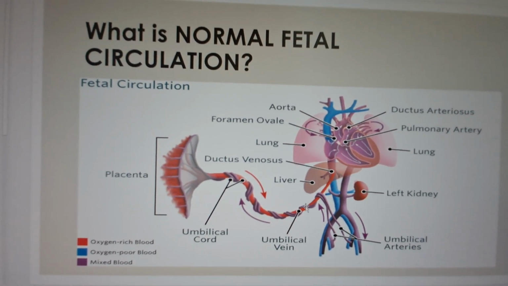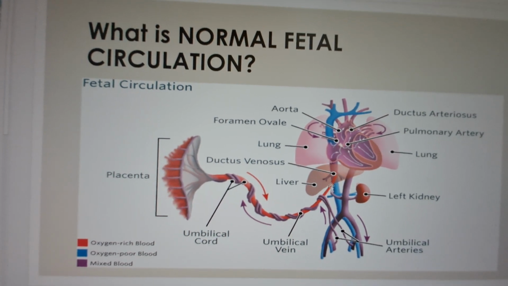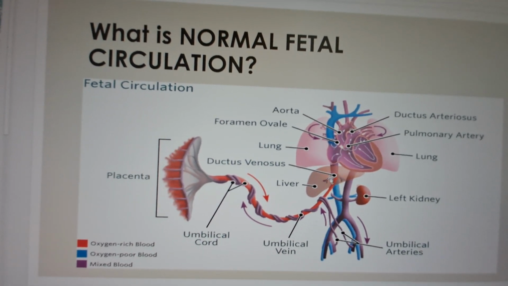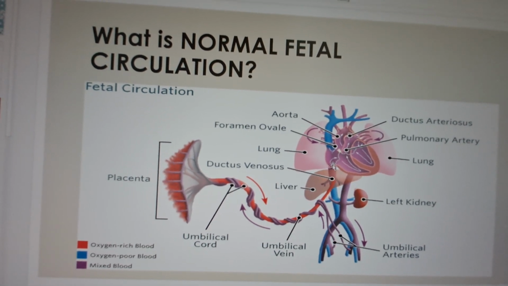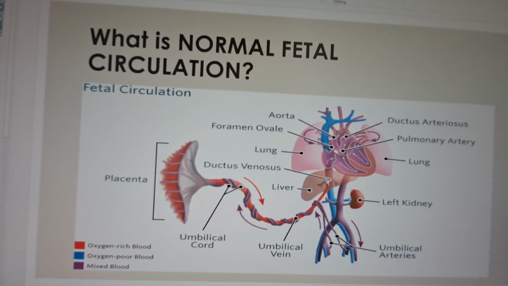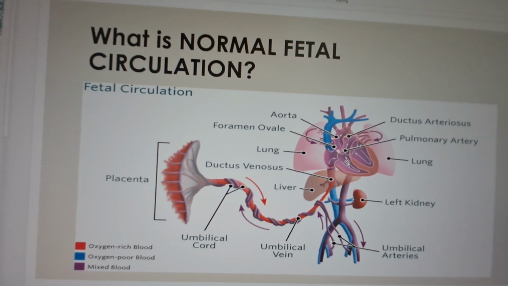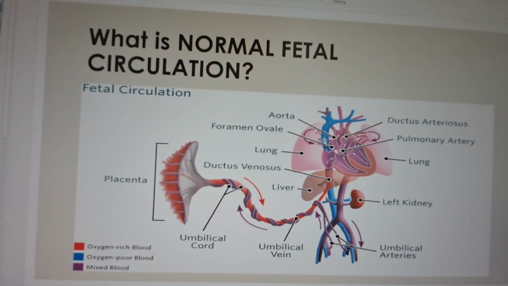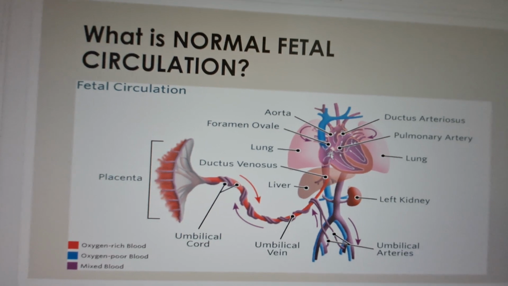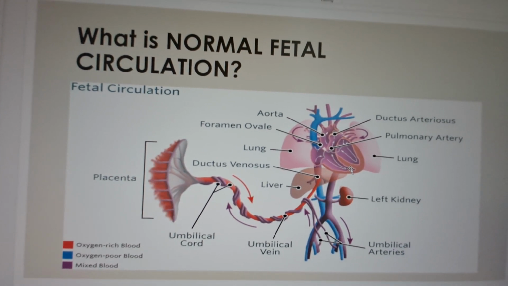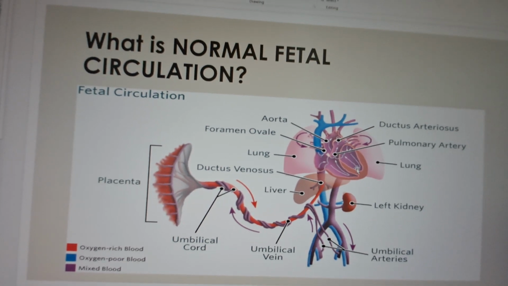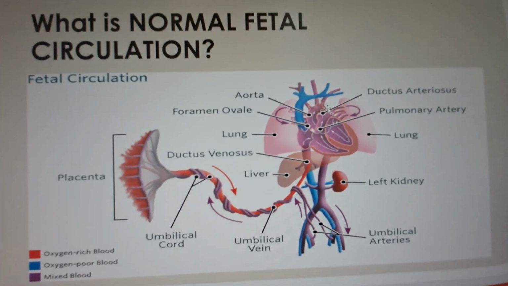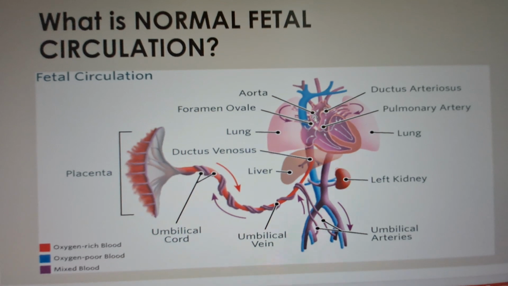They are going from here to the umbilical vein and above the liver here. There is a ductus venosus which supplies the blood directly to the heart and bypasses the liver, then it goes from the inferior vena cava to the superior vena cava, the right atrium, the right ventricle, the left atrium, the left ventricle, and the connection of the ductus arteriosus.